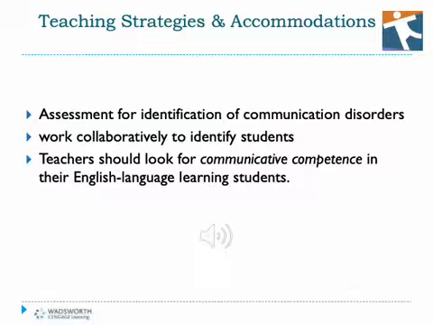And we must understand that great care must be taken with children from non-English speaking backgrounds. Only those with problems in both the first and second language can be considered to have a disorder. And a fair assessment must take both the native language and the language of the school into account.